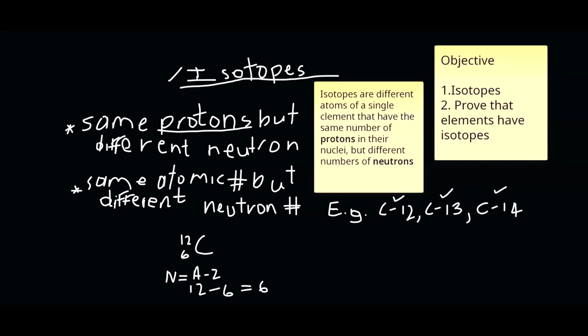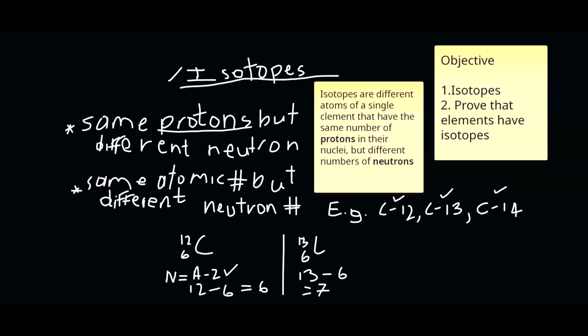Moving on now to carbon 13, which is the next isotope. The mass number for this isotope would be 13, and the atomic number would be 6. Using the same formula here, it would be 13 minus 6, which would give us 7. I hope that we all are seeing the trend here. We are realizing that they have different mass numbers but the same atomic number.